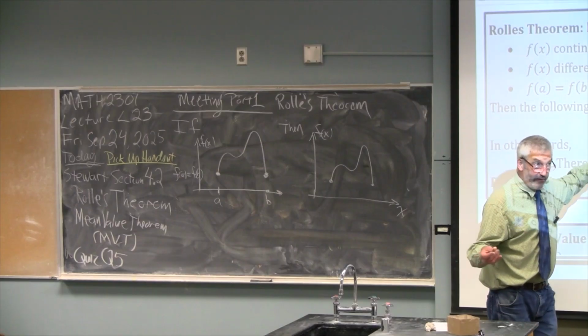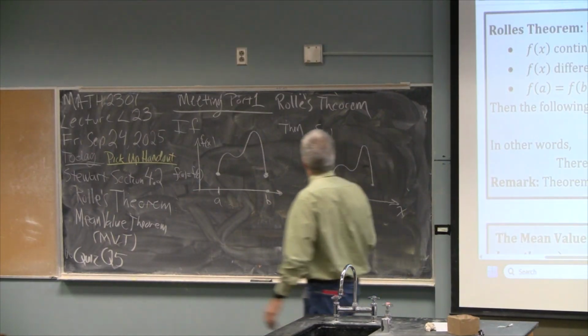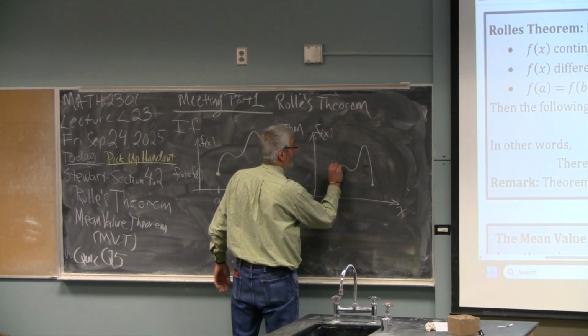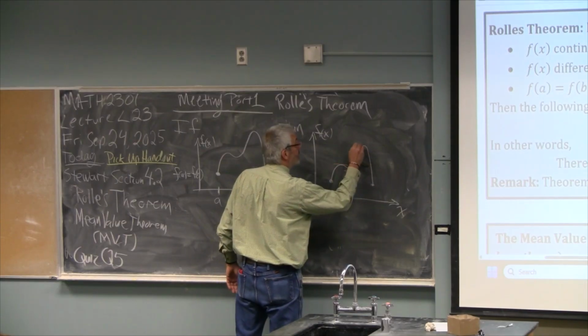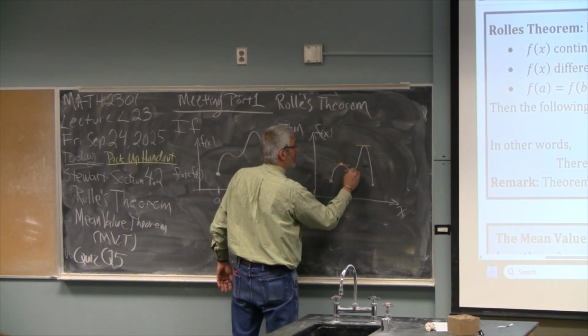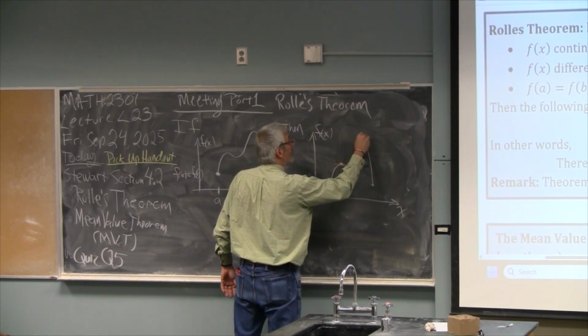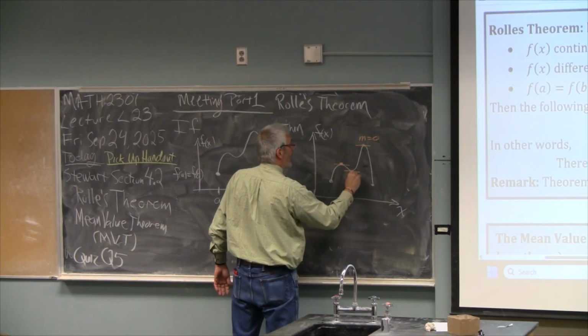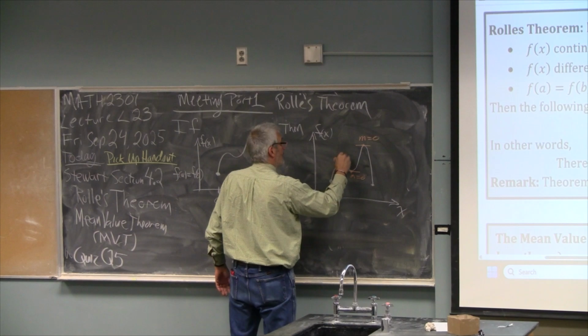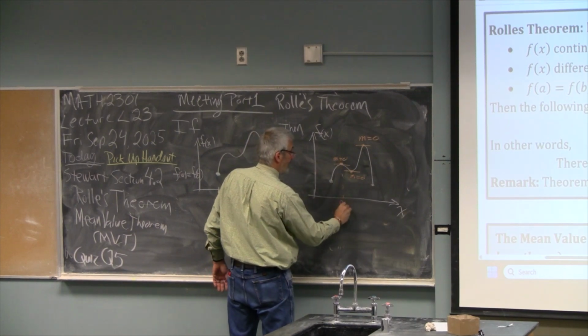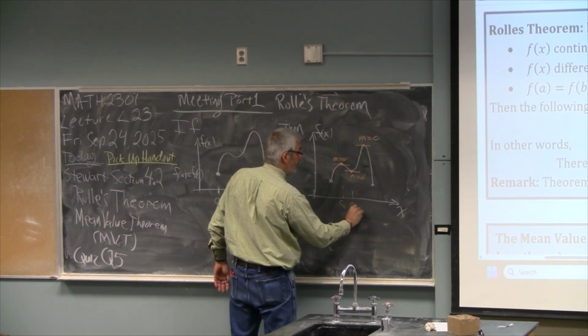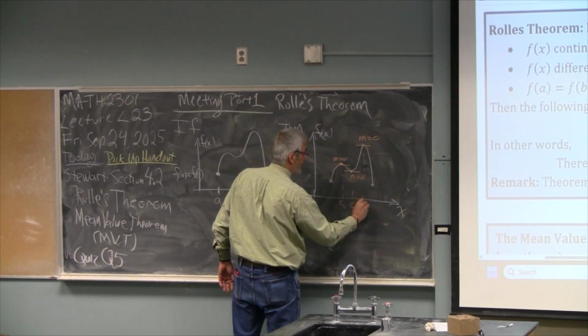So there's at least one c that satisfies this. So look, in this drawing, there are 3 numbers where the slope is 0, 3 x values. So one of them would be called c1, maybe call this one c2, maybe call this one c3.